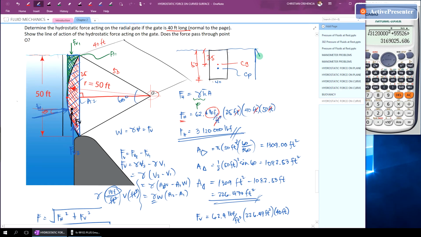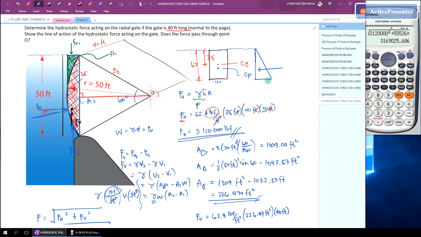So habang lumalalim tayo, then nandito yung maximum pressure at the bottom. Okay, so we formed a triangular pressure diagram.